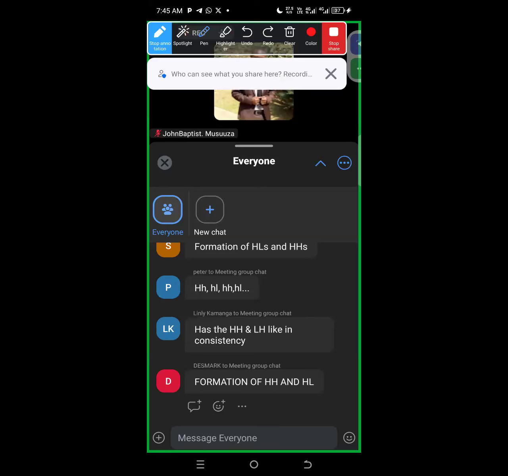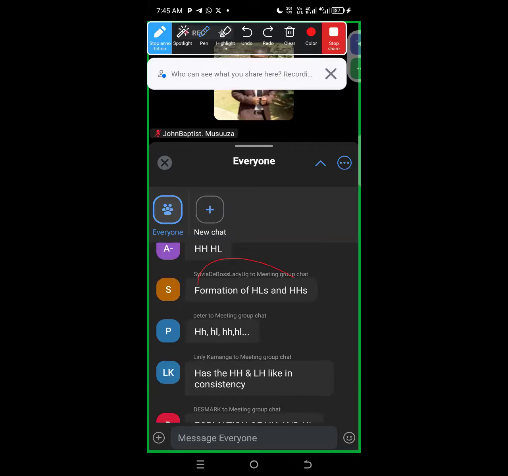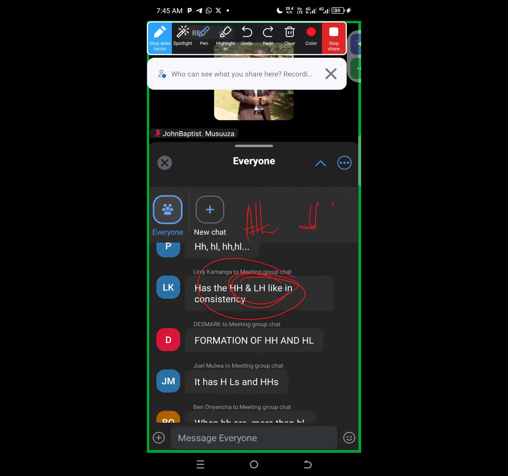Hold on. You see this? The chart does not form a higher low, higher high. Rather, from high to low. So higher high to higher low.